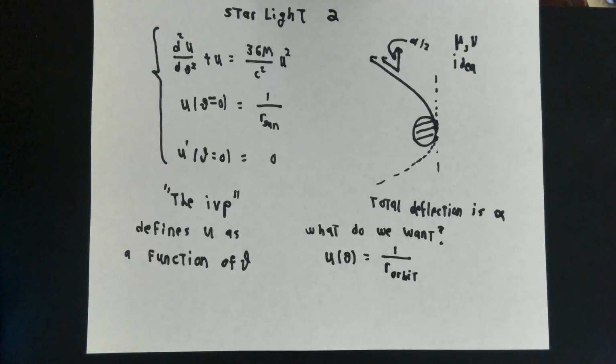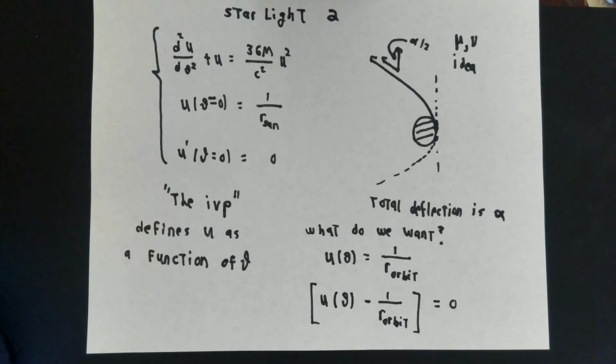So what is it that we want? We want to know a theta so that u of theta is 1 divided by the radius of the Earth's orbit. Let me re-express this a little bit. In the course on numerical methods, when we study solving equations, it's always some function of the independent variable, which is theta in this case, equals 0.